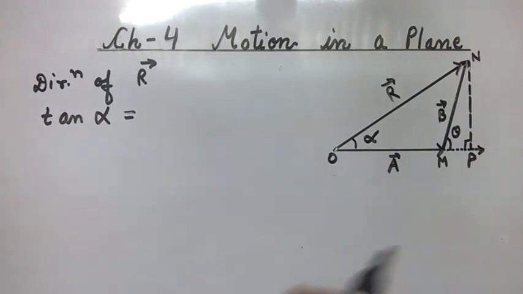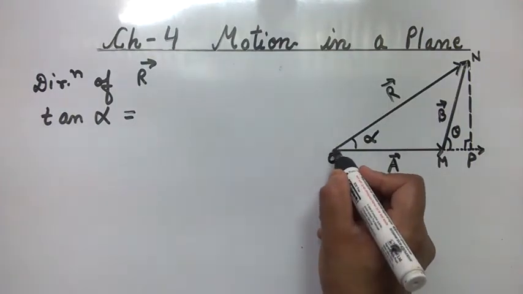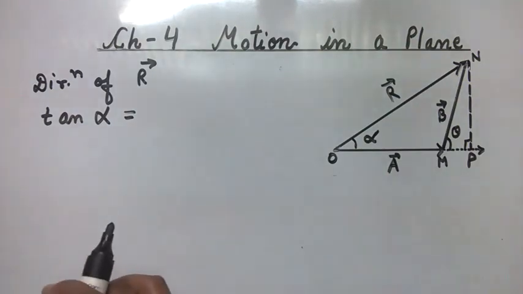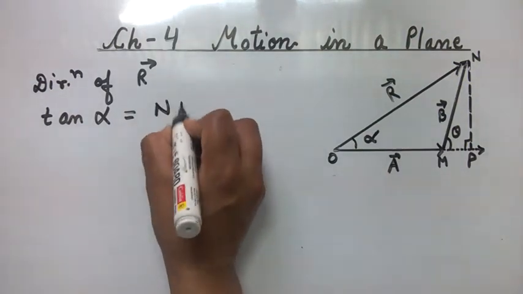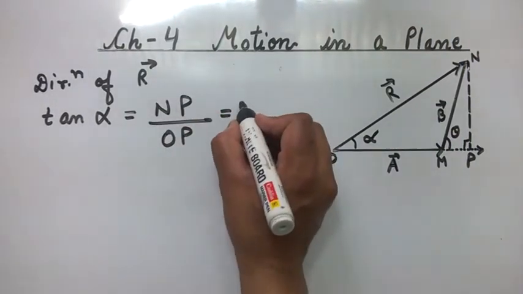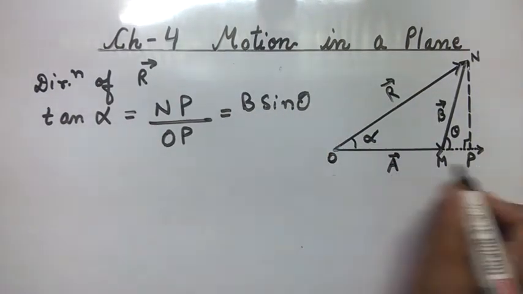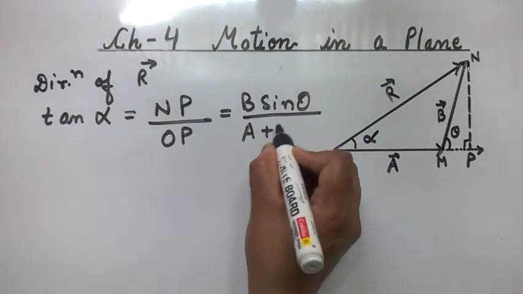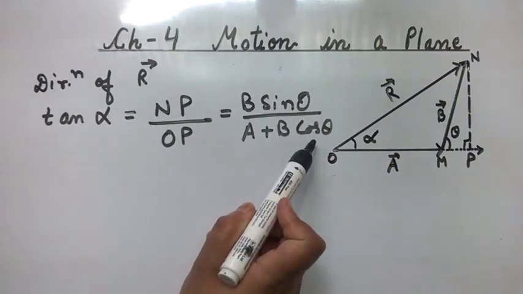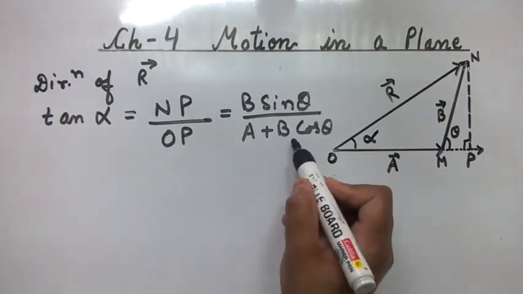In this we can see that tan alpha is equal to perpendicular by base, that is NP by OP. NP is equal to B sine theta and OP combined is equal to A plus B cos theta. So remember that tan is equal to sine by cos. So learn this value, that tan alpha is equal to B sine theta by A plus B cos theta.